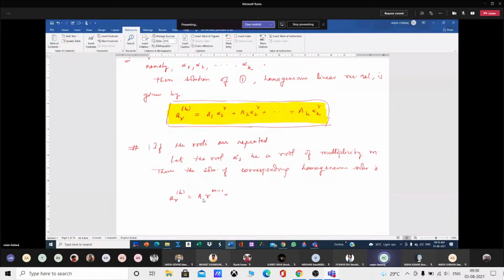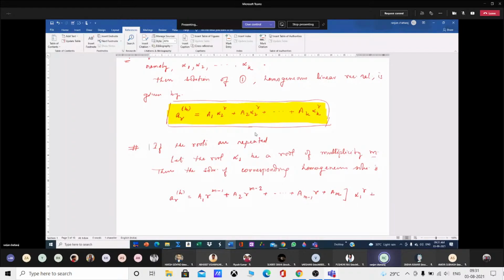Suppose it is A1, with repetition m times, so this should go up to r to the power m minus 1, plus A_m r^(m-1), all multiplied by alpha 1^r.